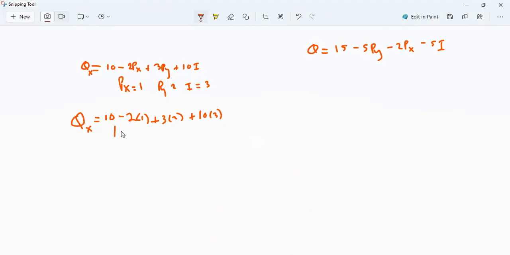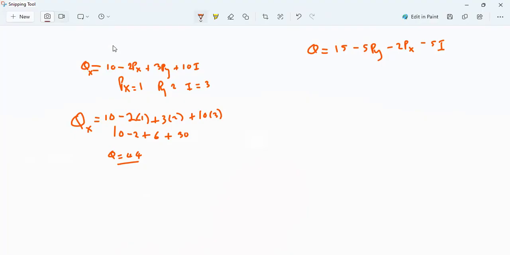So this is 10 minus 2 plus 10 plus 6 plus 30. So what do we have as our total? 44. So our quantity is 44.